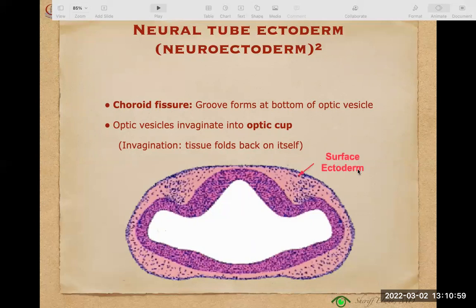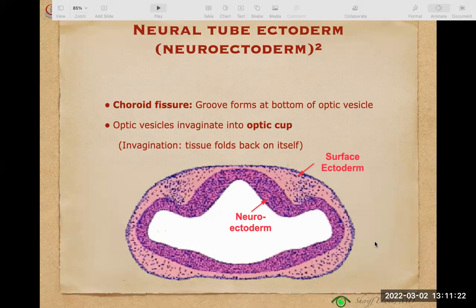Here is the surface ectoderm, covering the neuroectoderm, from which the neural tube and formation of the central nervous system occur. This is a transverse section through the developing embryo at the beginning, with the neuroectoderm to the inside and the surface ectoderm to the outside.